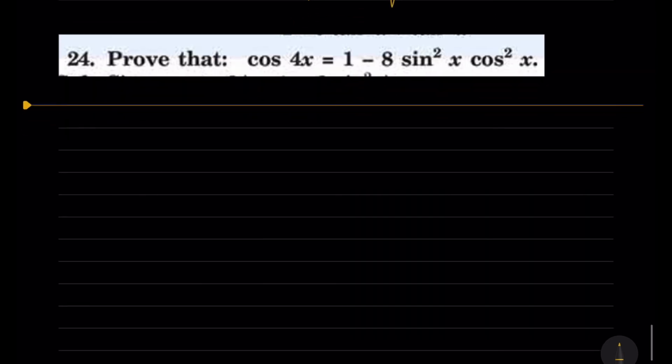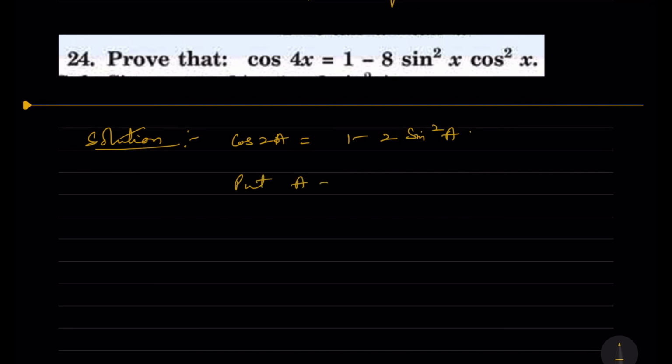Prove that cos 4x is equal to 1 minus 8 sin square x into cos square x. So if you're going for the solution for this we can write it as cos 2a is equal to 1 minus 2 sin square a. So put a is equal to 2x.